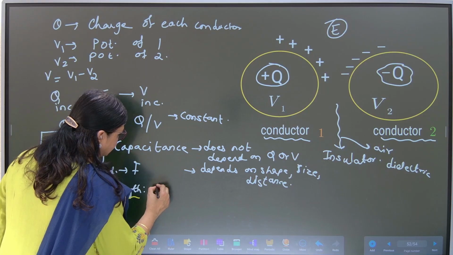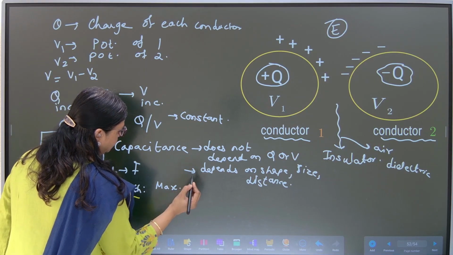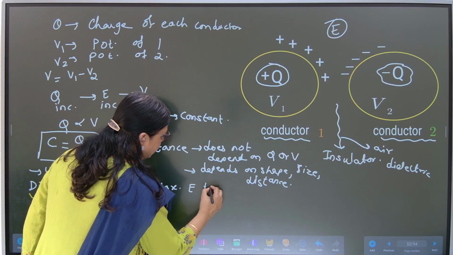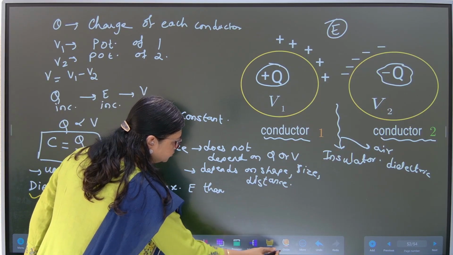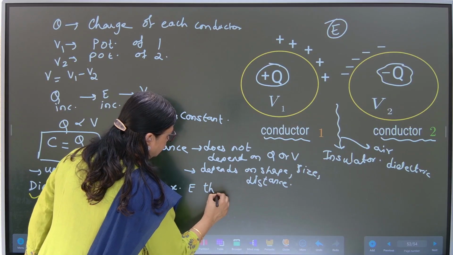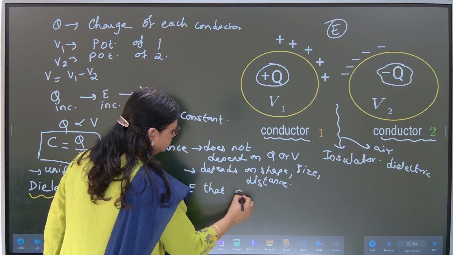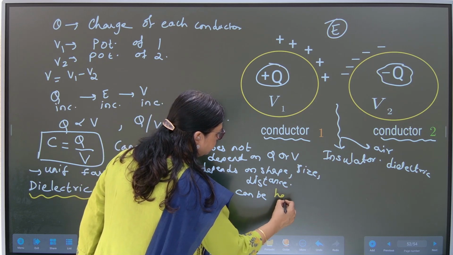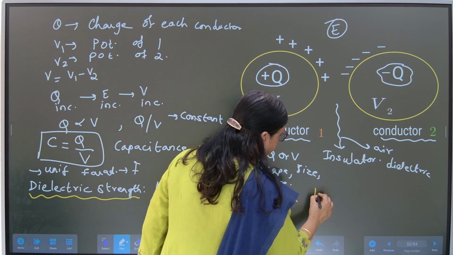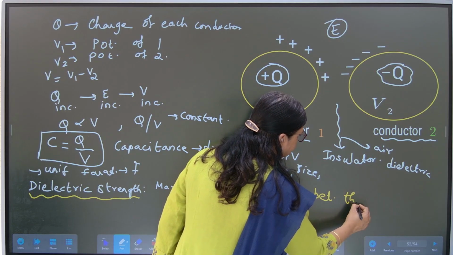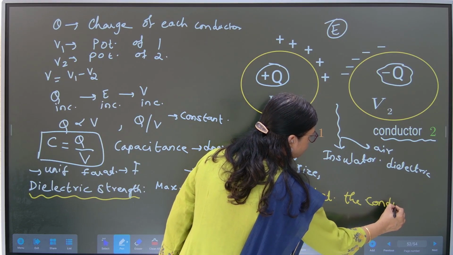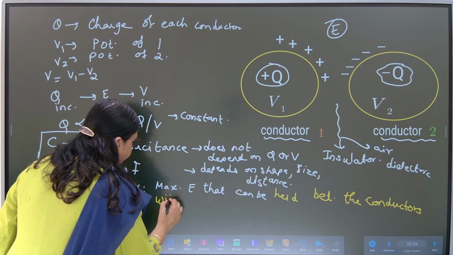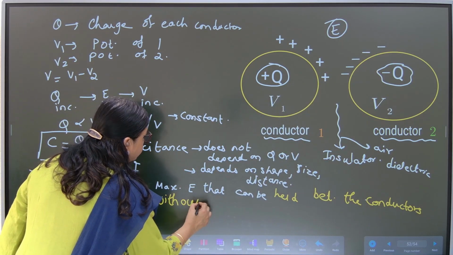This is the maximum electric field that can be held between the conductors 1 and 2 without breakdown.